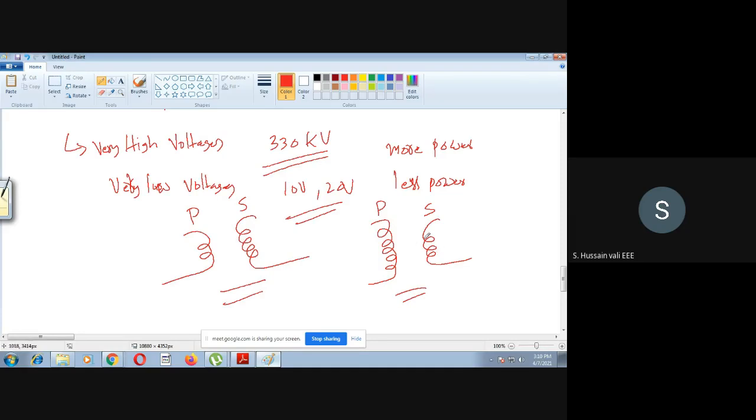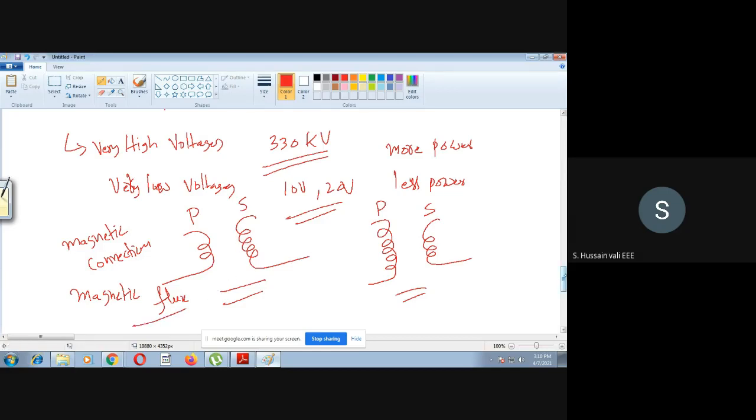So primary, secondary, and in between this, as I said now, there is no electrical connection. But there is a magnetic connection. Magnetic connection in the sense that it has to allow magnetic flux lines between the primary and secondary.